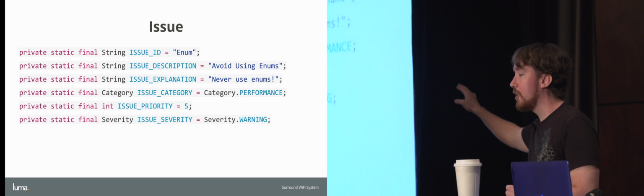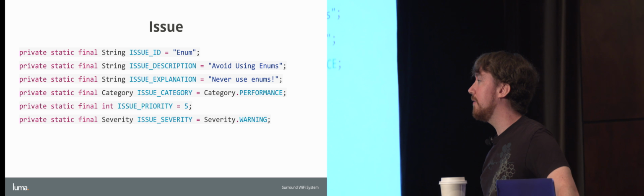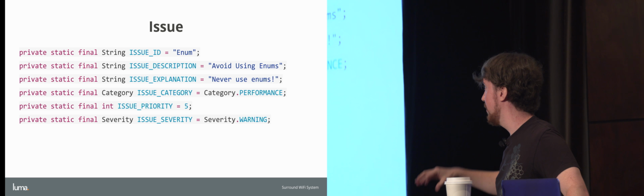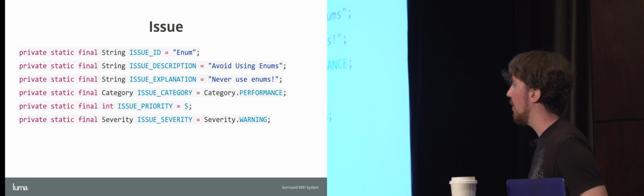So with content descriptions, you give an explanation of like, hey, accessibility matters. You should actually add these, and it's not that hard. Here, for brevity's sake and for slides, I just say never use enums. But that should be a longer description to give the developer, which is your user in this case, some context of why this is an issue.